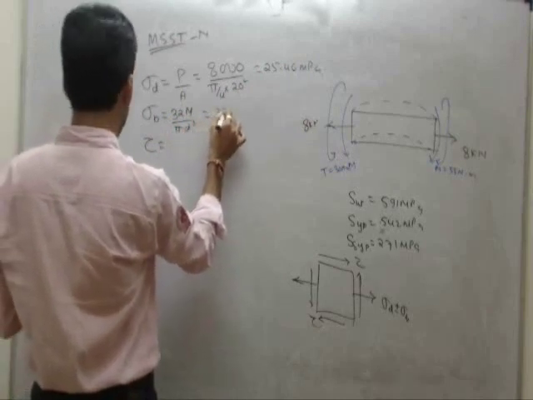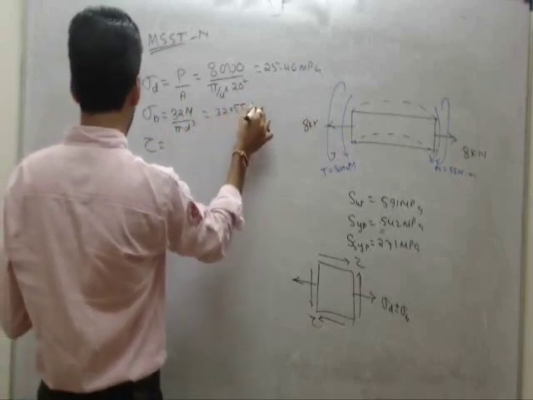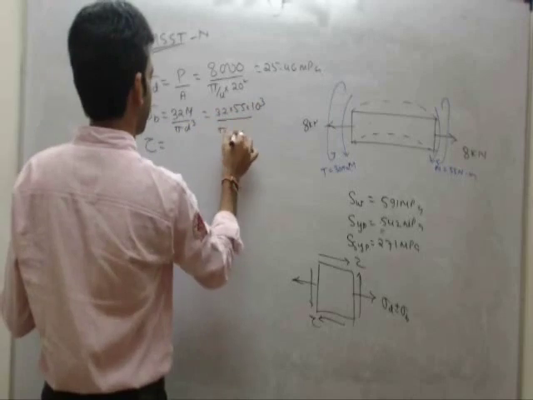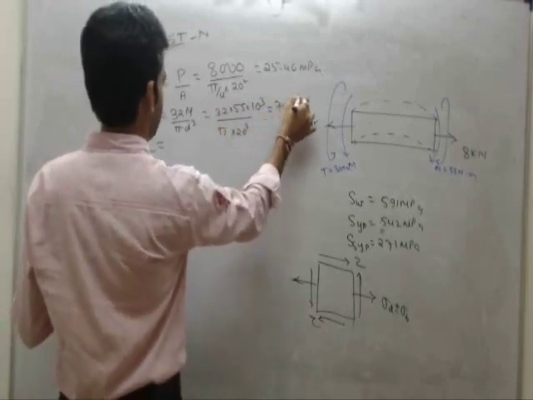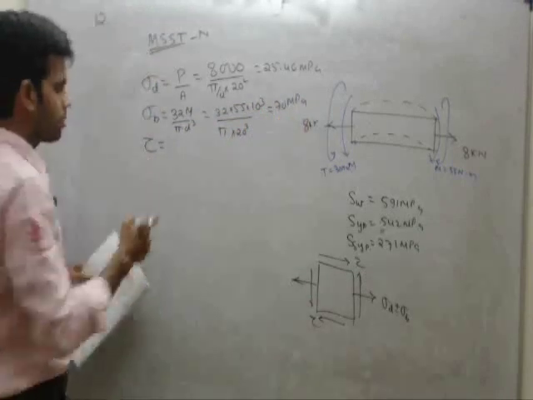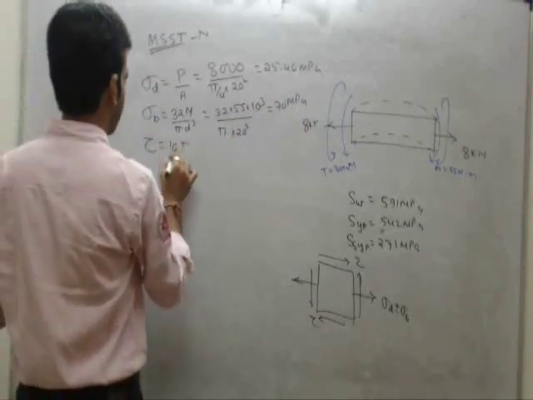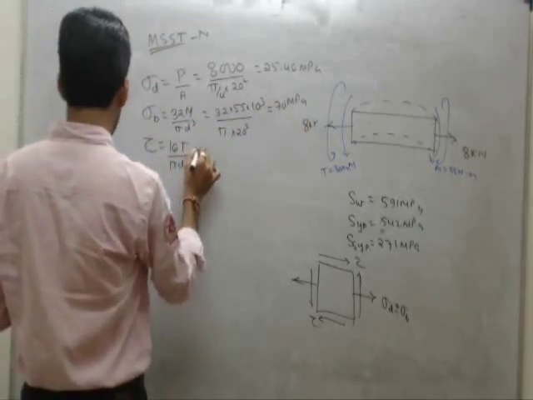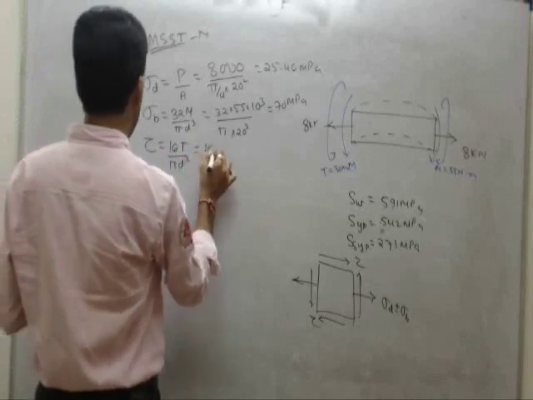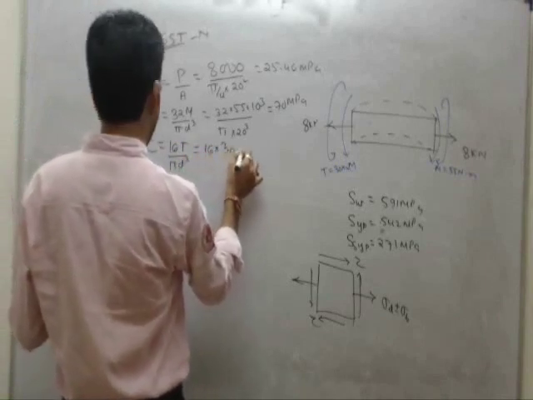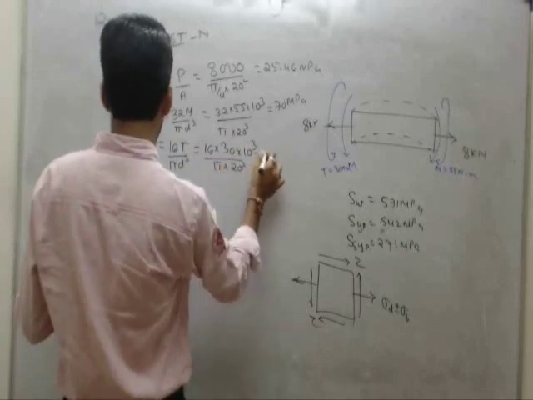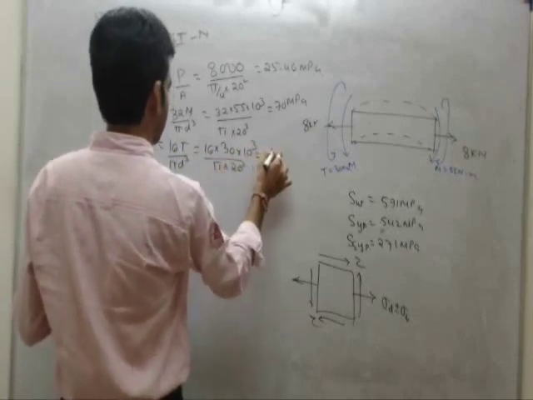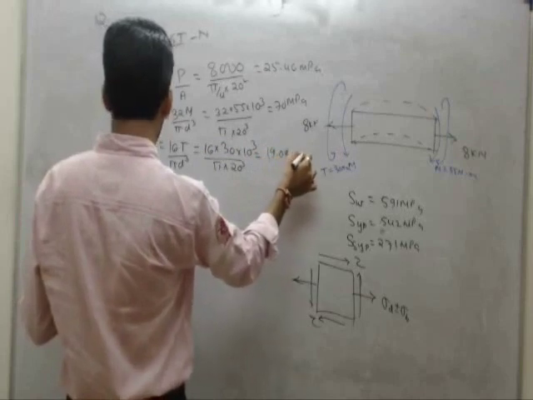Just put the value 32 into 55 into 10 raised power 3 divided by pi into 20 cube. So this will be equal to 70 megapascal. Okay. Similarly, tau is equal to 16 T by pi d cube. So this will be equal to 16 into T is 30 into 10 raised power 3 divided by pi into 20 cube. So this will be equal to 19.09 megapascal.